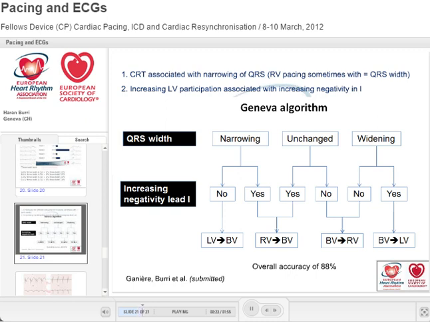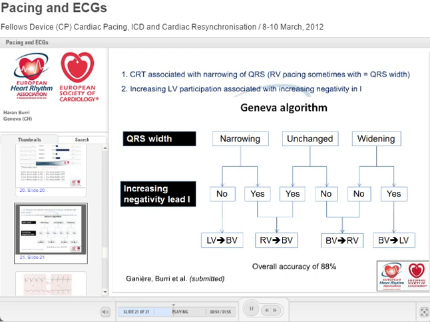So it's very simple, because you know that if you have narrowing of the QRS, you're going from univentricular pacing capture to biventricular capture. It's that simple. If the QRS is widening, you're going from biventricular capture to univentricular capture, so all the way around.